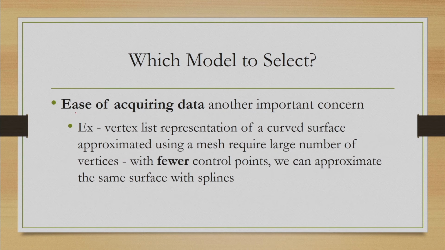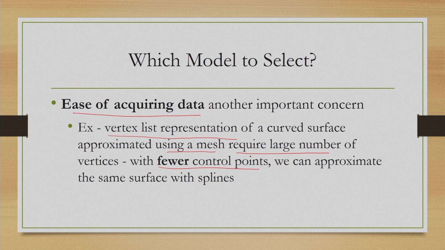Third consideration is ease of acquiring data. For example, vertex list representation for a curved surface using a mesh requires a large number of vertices to be specified. Now, consider a spline representation. In that case, we require fewer control points to represent the same curve.